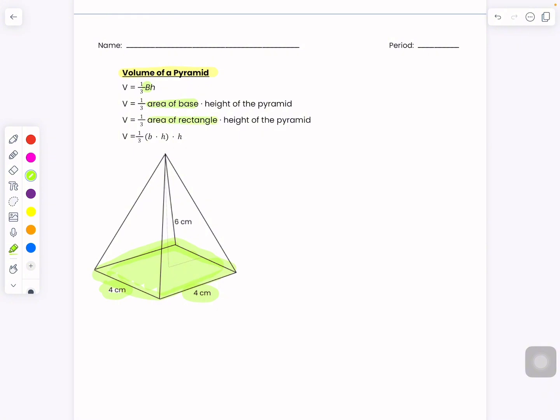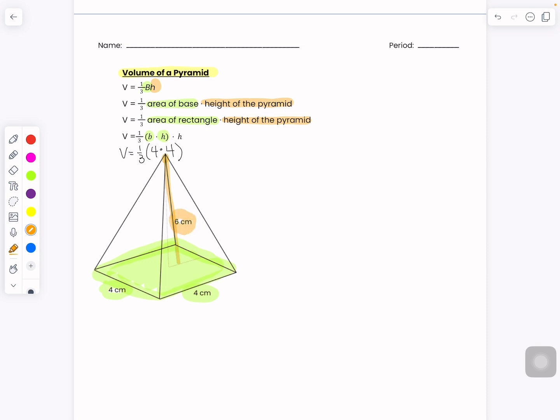The area of a rectangle or square is the base times the height, and in this case we know the base is 4 and the height is 4. And then we have the height of our pyramid, which is the vertical distance down.